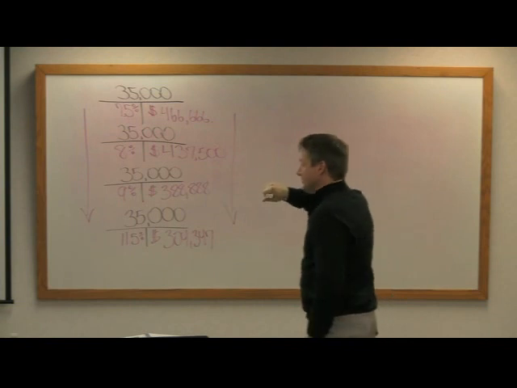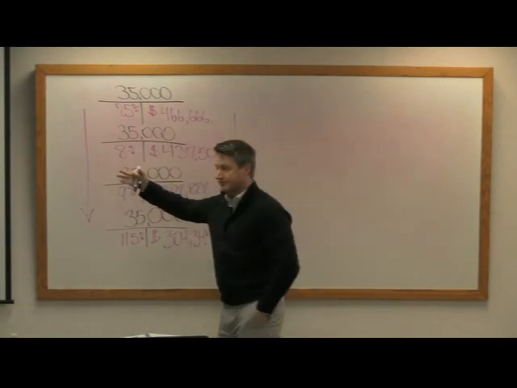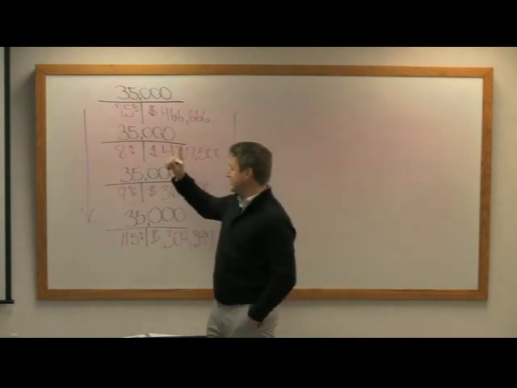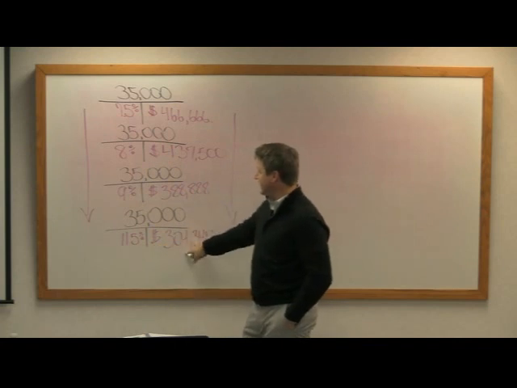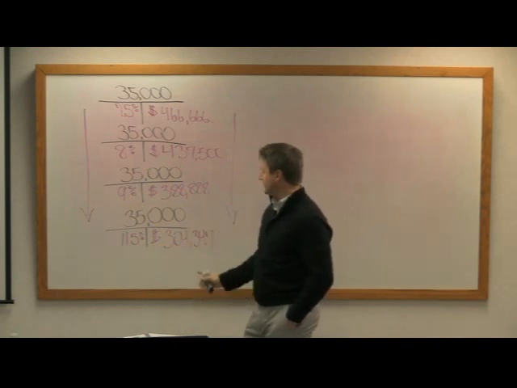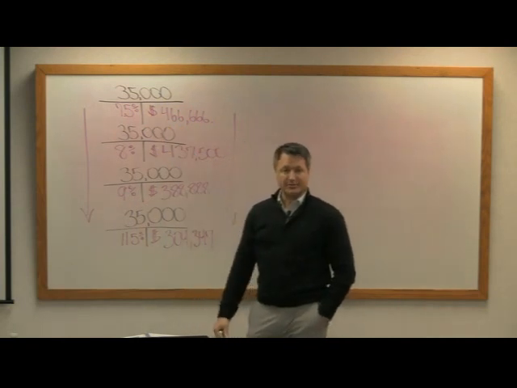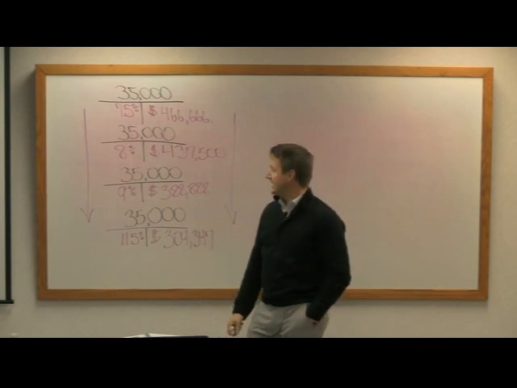That's one of the only ways I can try to make this concept click: as the rate goes up, the value goes down. As the value goes up, the rate goes down.